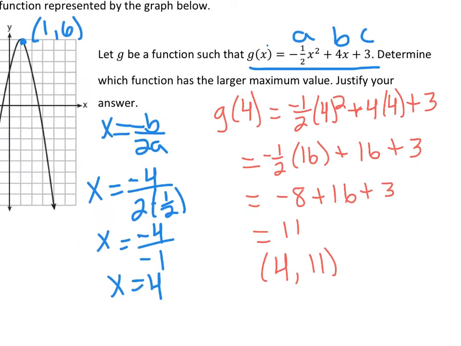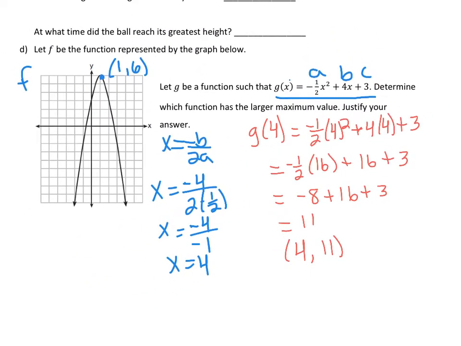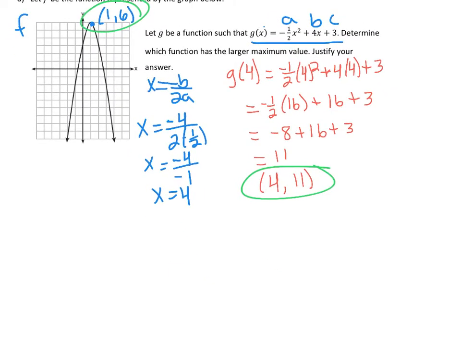So if we're comparing the two maximums, 1, 6 and 4, 11, which function, f or g, has the larger maximum value? I would have to go with function g, as it's 4, 11. We justified our answer by showing our work.